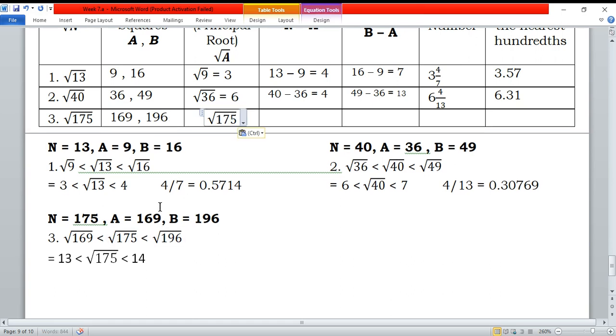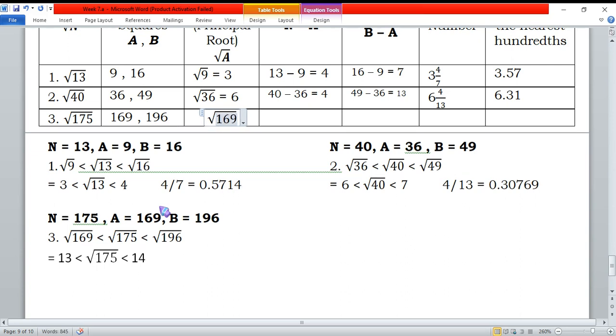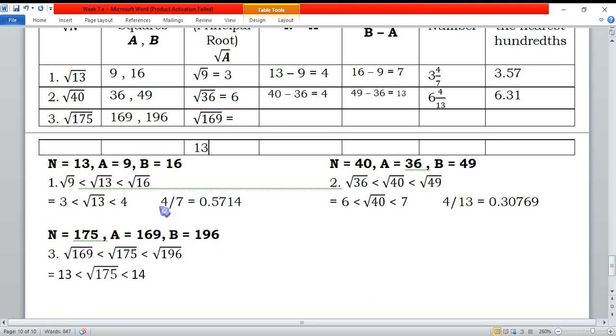Then, square root of A, 169 equals, sabi natin dito ay 13.